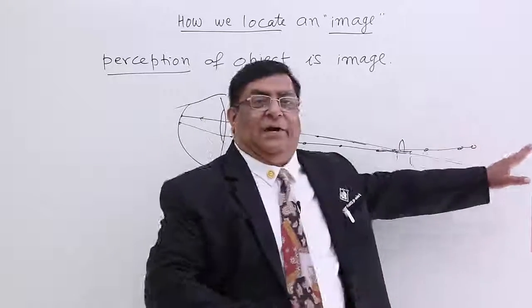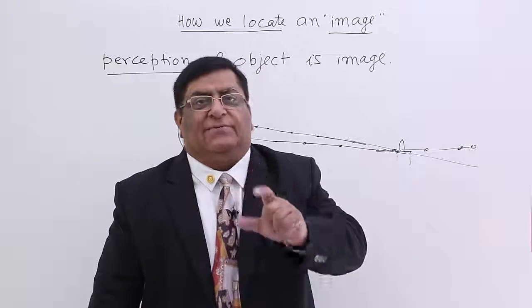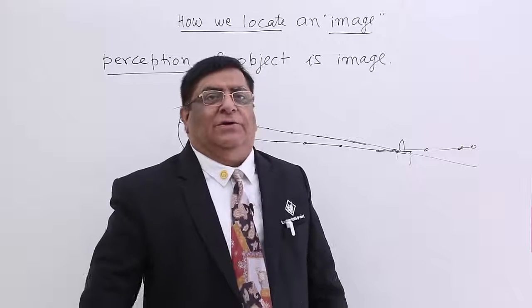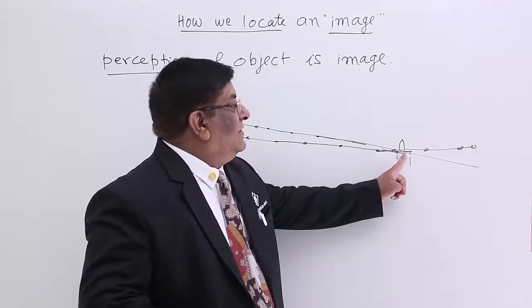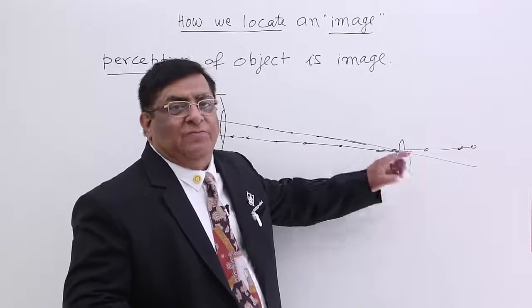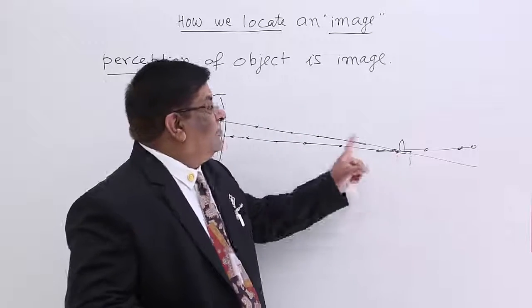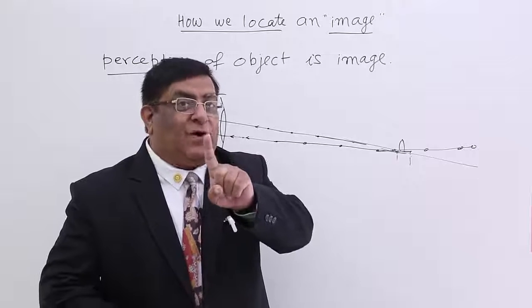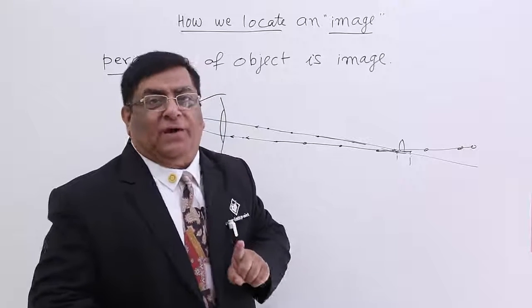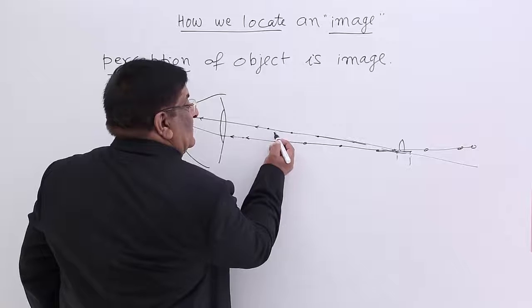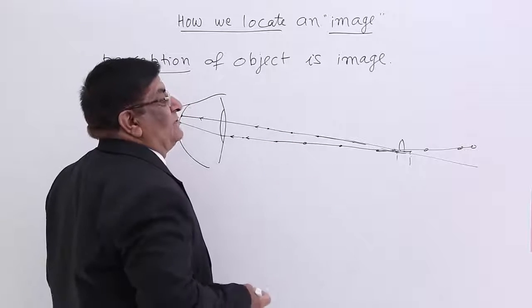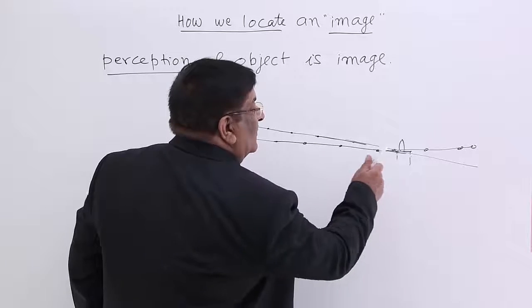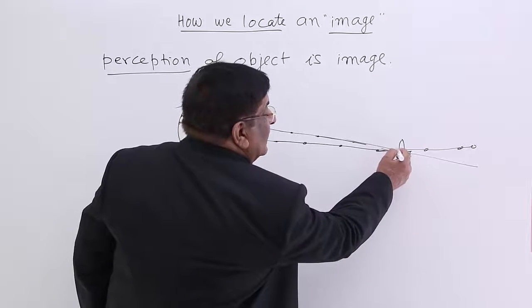These are two different lines, but the training of the brain is such that it can make calculations and find out that the same pattern is coming to my eyes from one object. If it is coming from one object but from these two paths, how is it possible? It is possible if and only if the object is at this point of intersection.